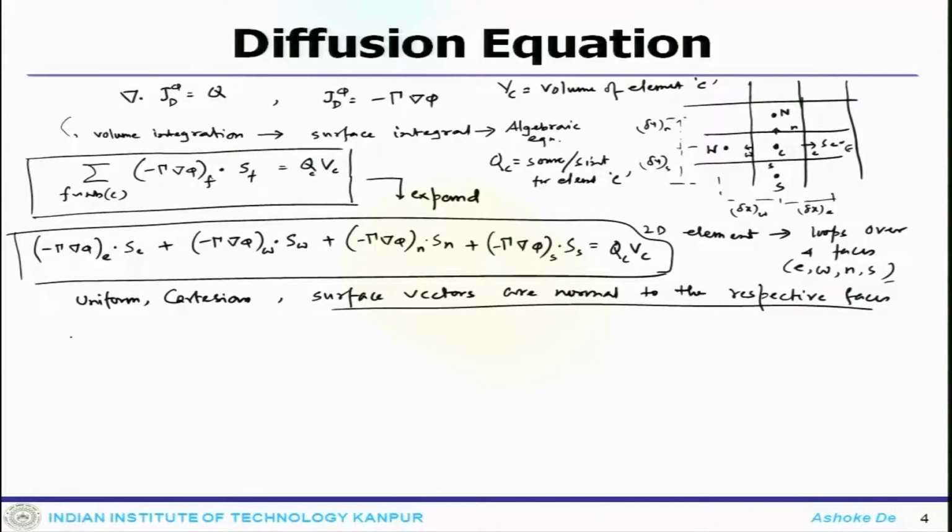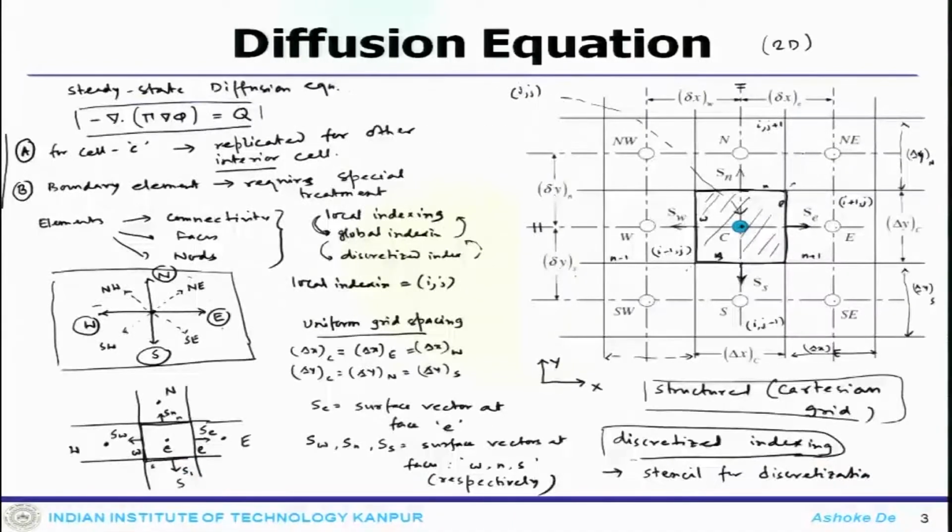Having said that, we can estimate the surface vectors. S e would be the surface vector with magnitude delta y east in the direction i, so S e i, which is this distance times the unit depth.